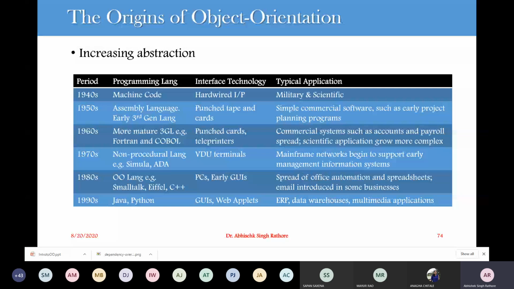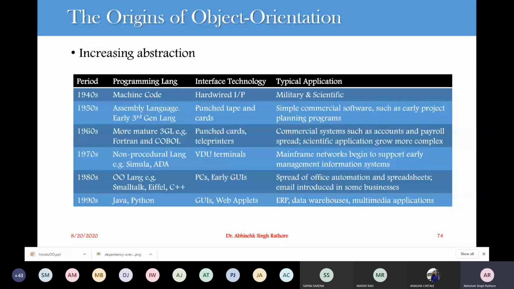In the early 1980s, we have early object-oriented languages like Smalltalk, and later in the 1980s C++ is available. In the early 1990s we have Java, and in the later part of the 1990s, Python is available as an object-oriented language.